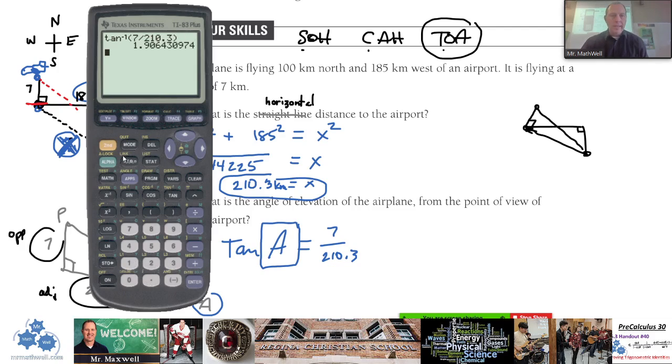Oh, except I think I am in, oh, interesting. Do you have to be in radians for this? No. Tan to the negative 1 of 7 divided by 210.3. Nope.